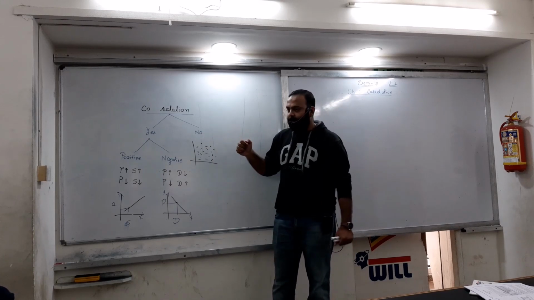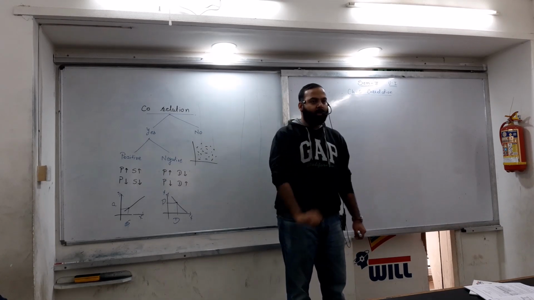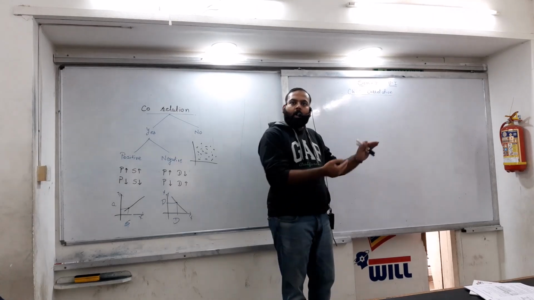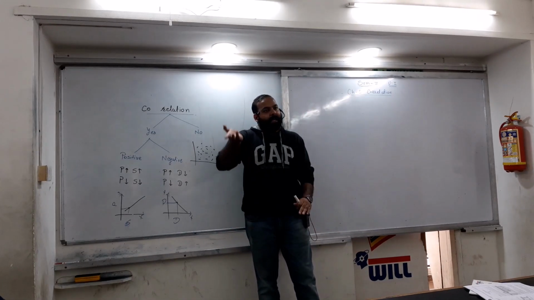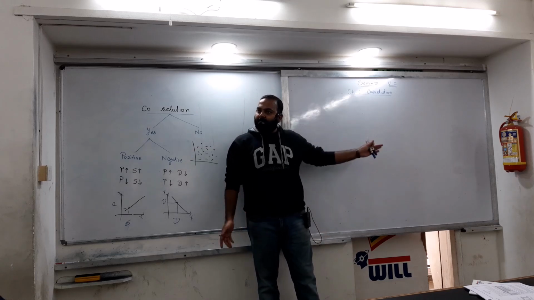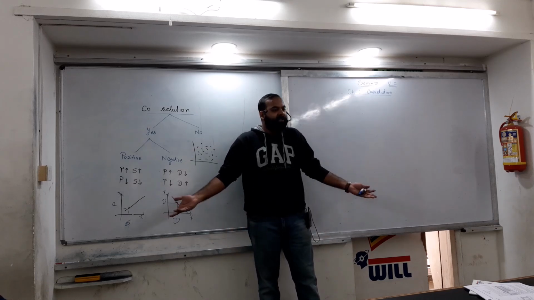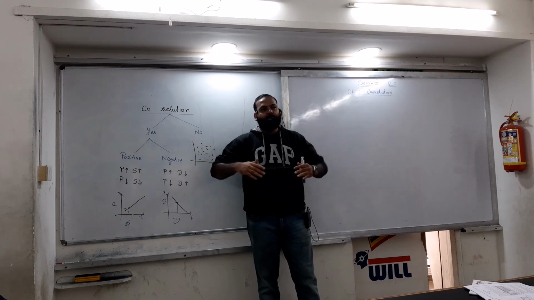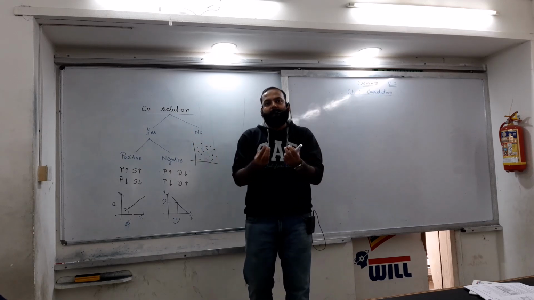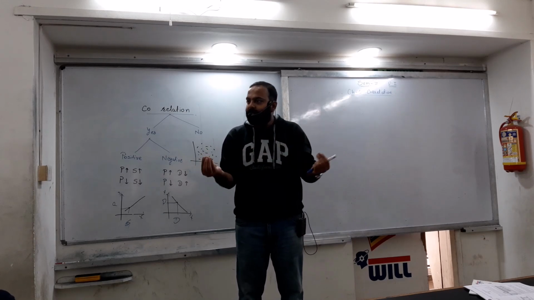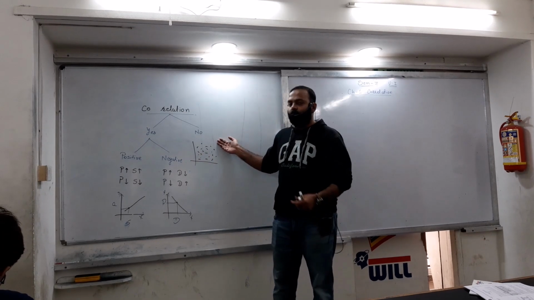Let me give an example: your IQ level and the daily revenue of an auto rickshaw driver. If your IQ level is higher, will it make any difference to his revenue? These are two different variables which don't have any relationship. So when we pick two variables which don't have any relation with each other, that is no correlation.